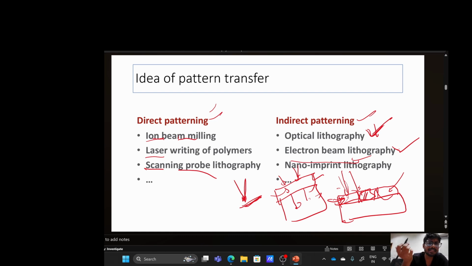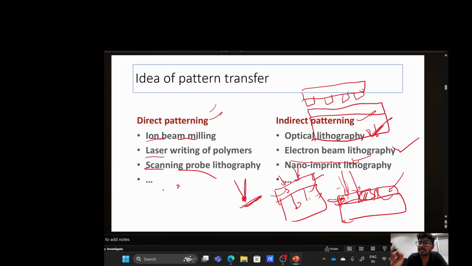Nano imprint lithography uses a kind of stencil, or a mask, and on the mask there are grooves. This is a hard mask. There is a substrate, and over that there is an intermediate layer.